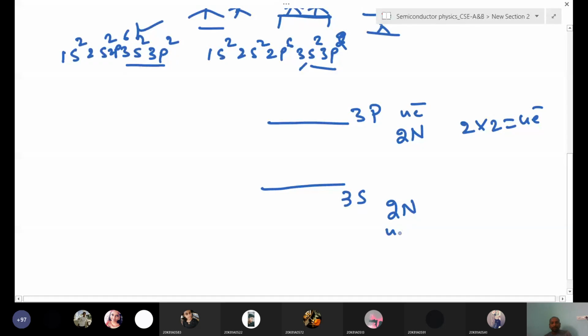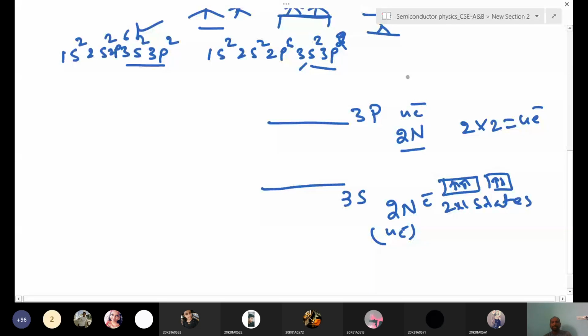So if you take the s orbital, 2 electrons can be filled. This is one state. Here 2N states are there, and we can fill 2N electrons. Here also 2N electrons and 6N states.